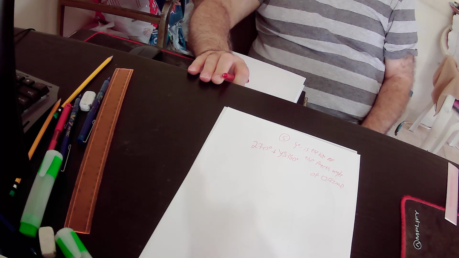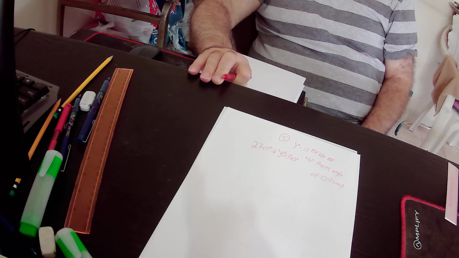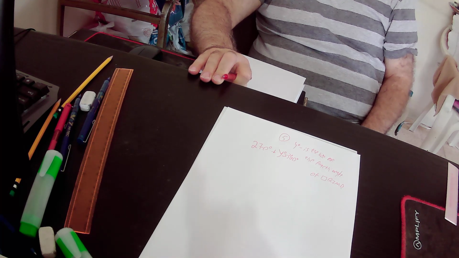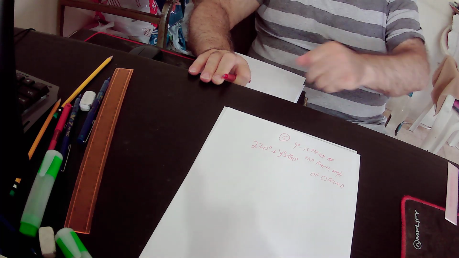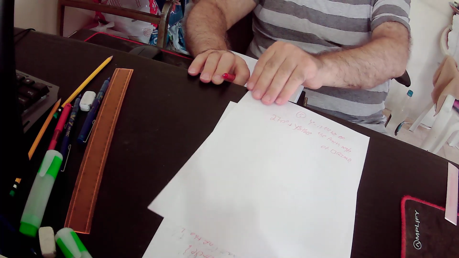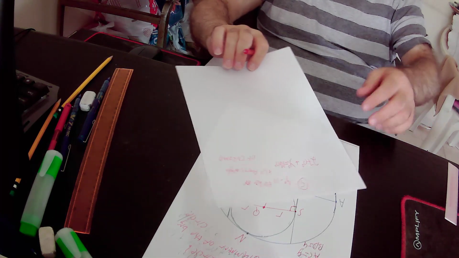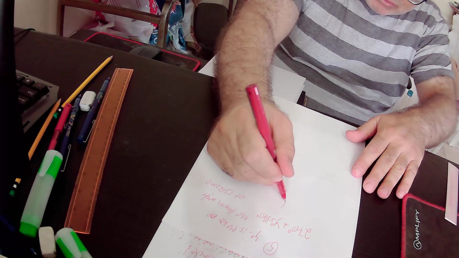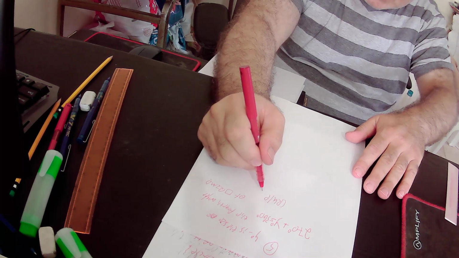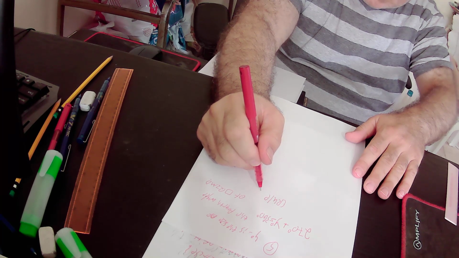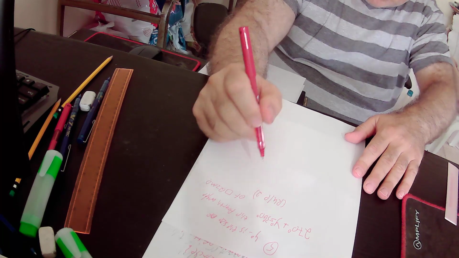So the sum of its three angles is 270 degrees, plus the size of the fourth angle in total must be equal to 360 degrees according to rule number 2. Okay, the sum of the four angles of a quadrilateral must be equal to 360 degrees.